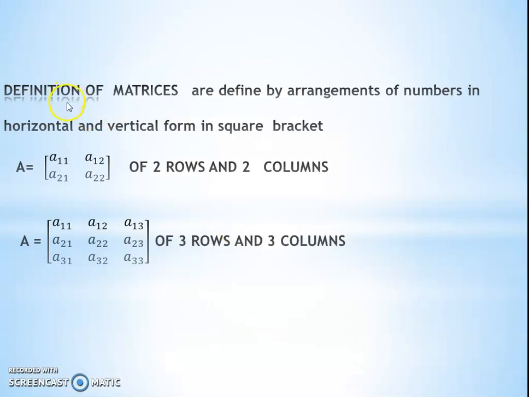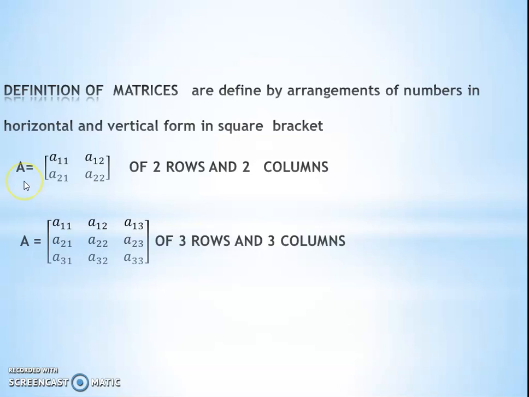The mathematical definition of a matrix is an arrangement of numbers in horizontal and vertical form in a square bracket. What is meant by square bracket? That is also called a rectangular bracket, as we showed in the previous slide.